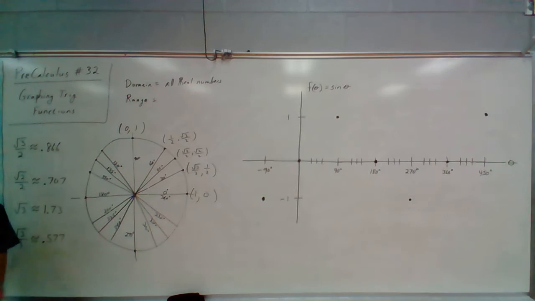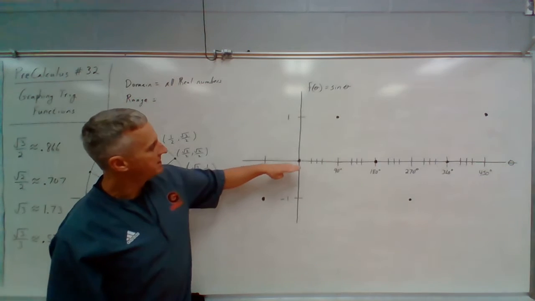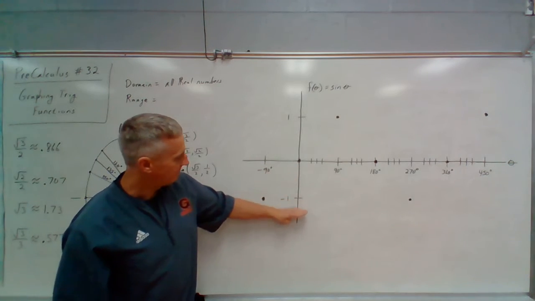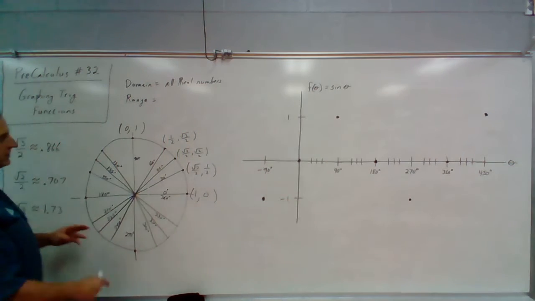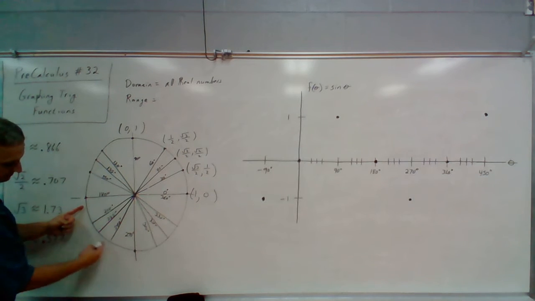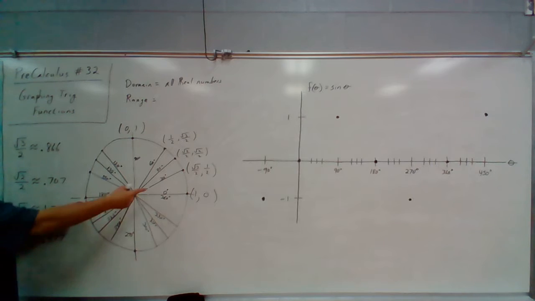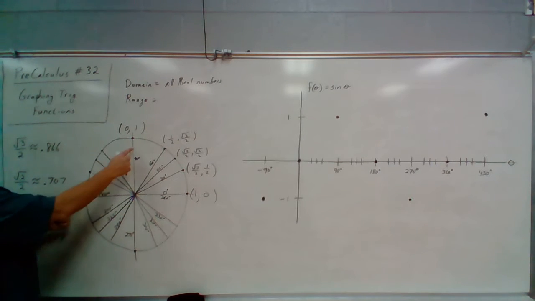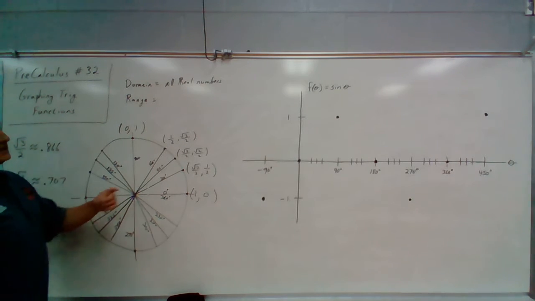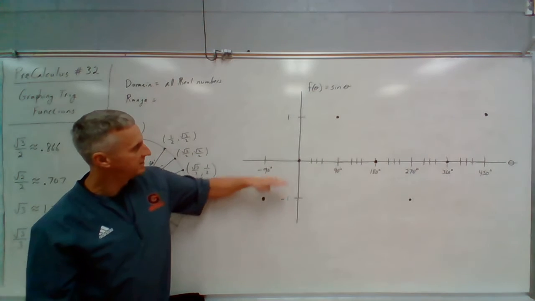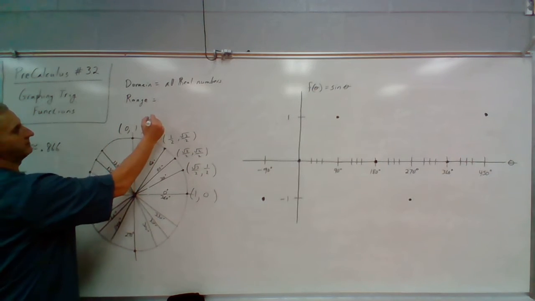What about the range? The range is the set of all outputs of the function. Our range obviously never goes below -1 because no point on this circle has a y value below -1. No point on this circle has a y value above +1. So my range has to stay between -1 and 1.